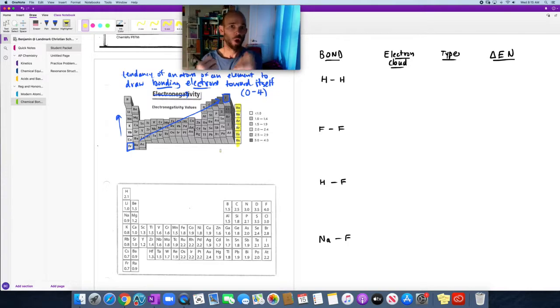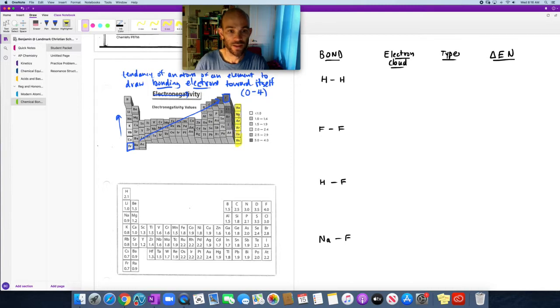Chemical bonding is all about valence electrons, and the noble gases already have a stable arrangement of valence electrons. They have a full octet in their S and P sublevels in their valence shell. And so they're actually really, really stable. They don't form chemical bonds. And so that's why the noble gases don't have electronegativity values.